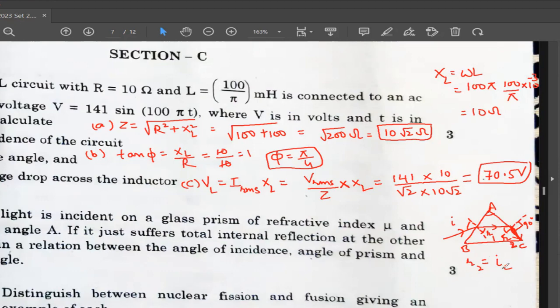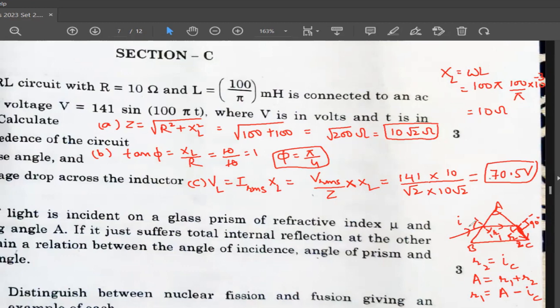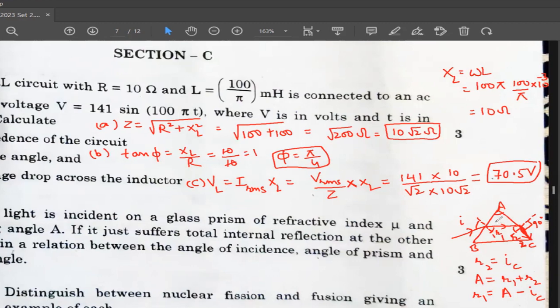So R2 here is equal to IC, and we know that angle A is equal to angle R1 plus angle R2. So here R1 angle will be equal to A minus R2 angle, and R2 angle is the critical angle of incidence. So here R1 is equal to A minus IC. Now from the surface AB, wherever the refraction is taking place, let us find out the refractive index of the material of this prism with respect to air.